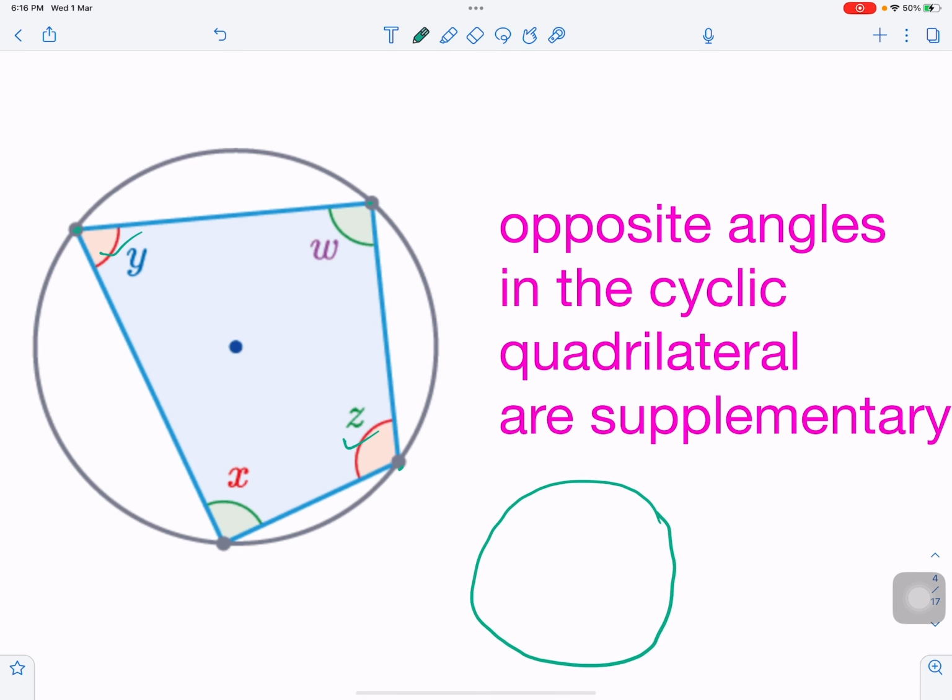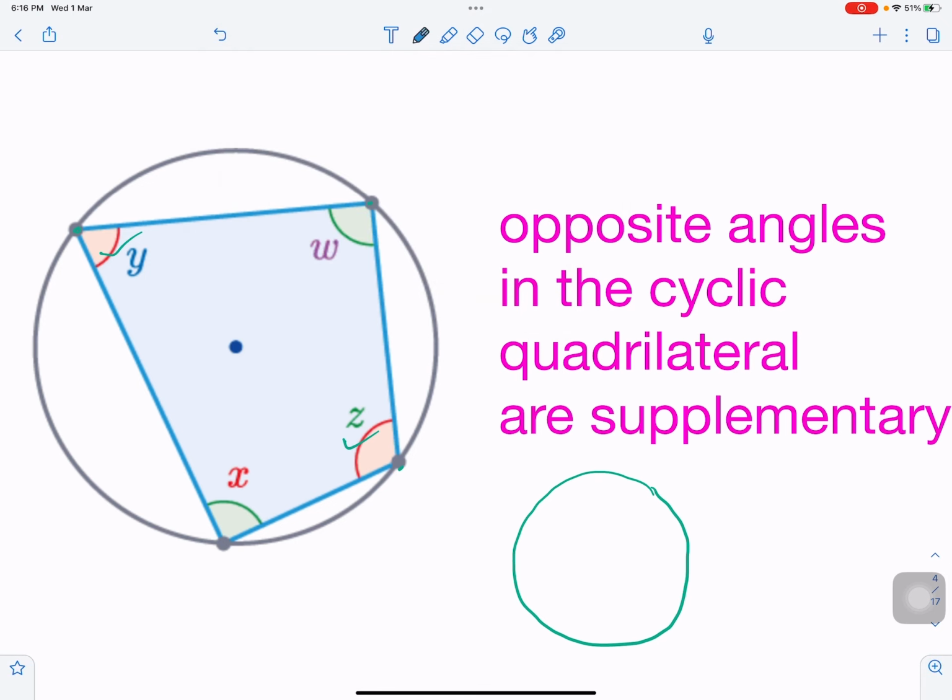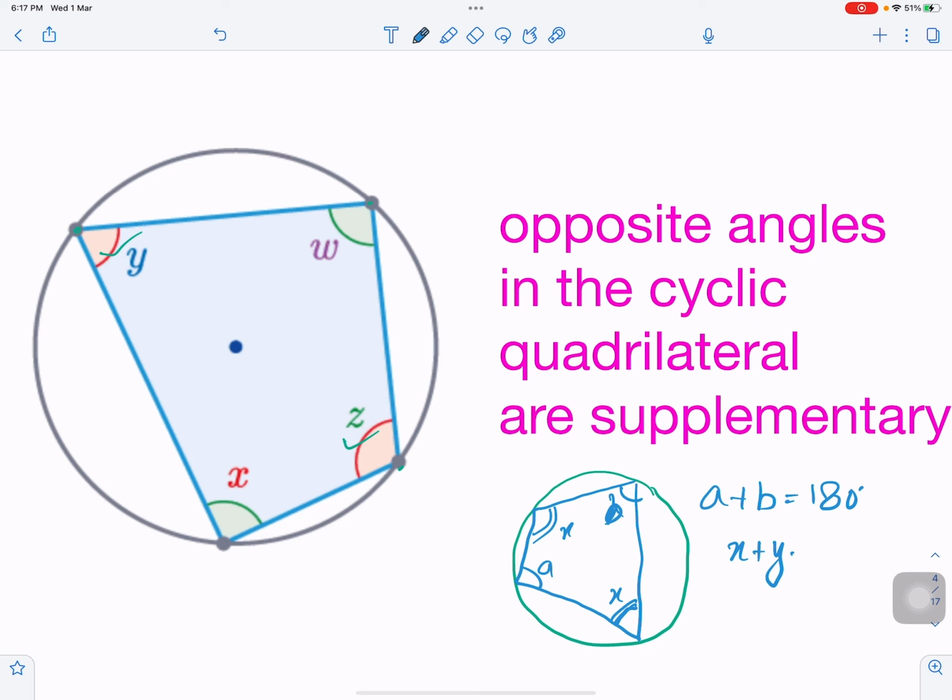If I draw a circle here, it's not very perfect, just imagine it is a circle, and I draw any quadrilateral inside such that all the points are on the circumference, then it is a cyclic quadrilateral and opposite angles will equal 180. So I can say A plus B equals 180 degrees. Similarly, this angle and this angle sum to 180. So opposite angles in a cyclic quadrilateral are supplementary.